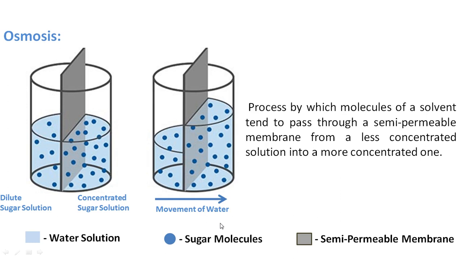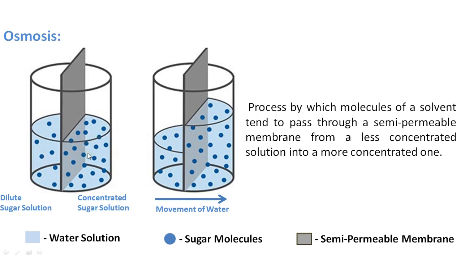Before discussing RO, we need to know what osmosis is. For that, I have considered water as the solvent, in which sugar molecules are present. Here you can see the solution is separated by a semi-permeable membrane. On the left side the concentration is less, meaning the number of sugar molecules in the solvent is less.